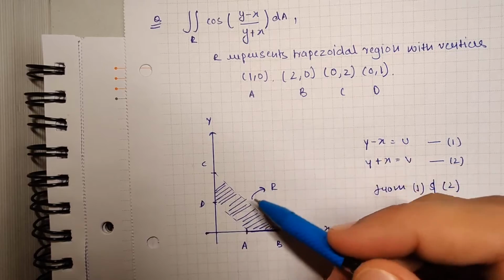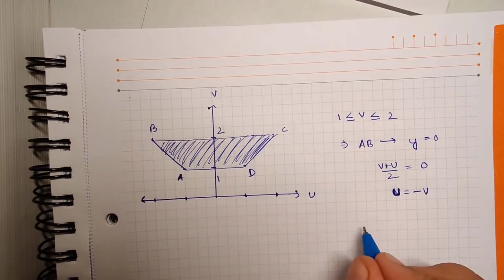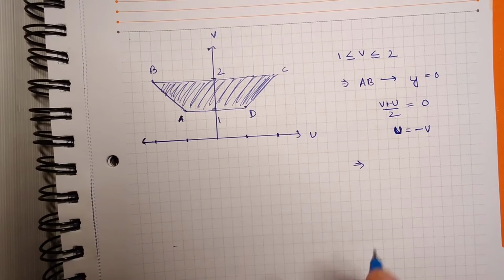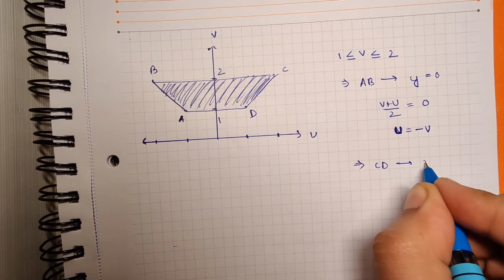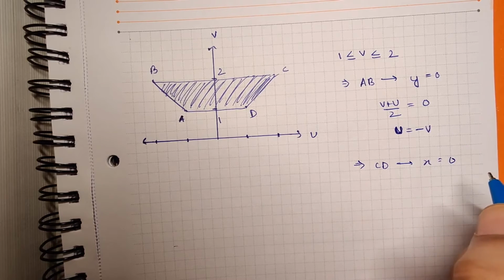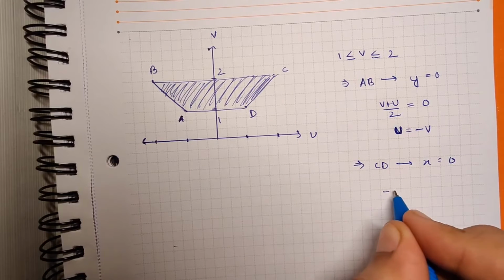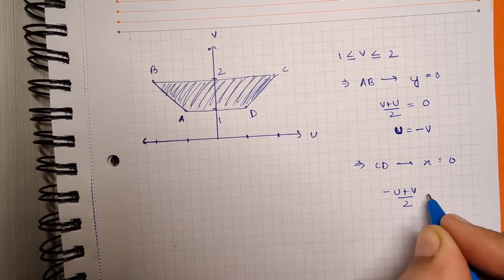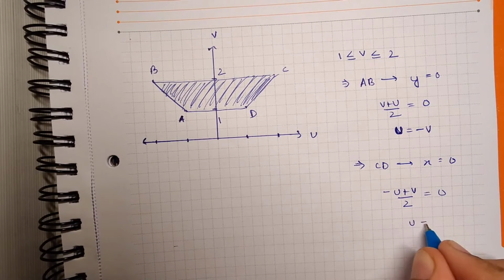And let's check one more time. Let's look at this graph, and here we have CD. Now CD gives us the fact that x is equal to 0. That means (-u + v)/2 = 0. That means u equal to v.